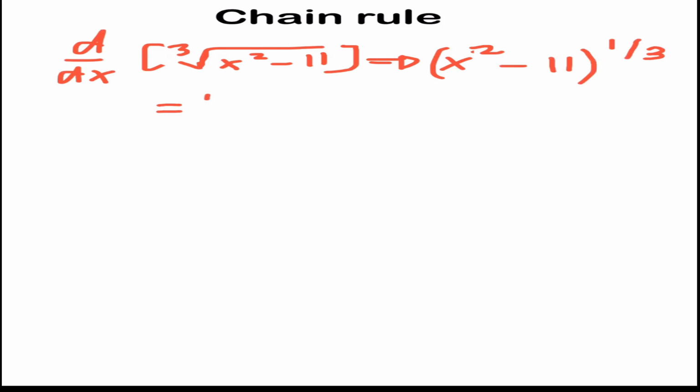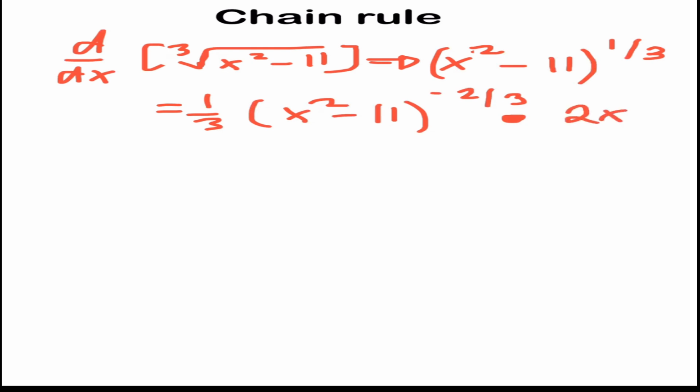So we have 1/3 times, copy the inside, x squared minus 11 raised to 1/3 minus 1 is negative 2/3, times the derivative of the inside, which is 2x, because the derivative of x squared is 2x. Then the derivative of negative 11 is 0.